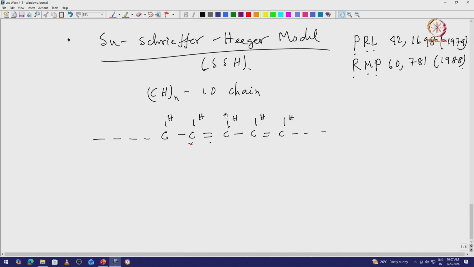We need at least 2 of them, right, and then it can be repeated. And this carbon atom we call A and this carbon atom we call B. So, we now have 2 sublattices or bases, and carbon A, carbon B per unit cell.